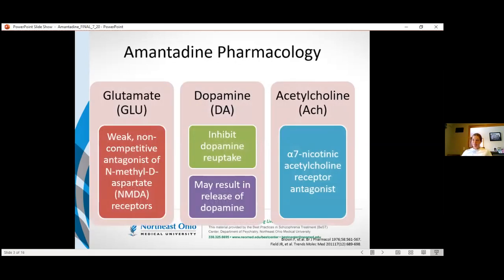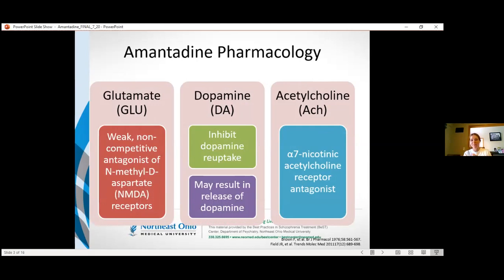So first things first, if we are using amantadine, what is it that it's doing? It has actions on glutamate, dopamine, as well as acetylcholine and norepinephrine. The glutamate actions: it is a weak non-competitive antagonist of our glutamate N-methyl D-aspartate, so the NMDA receptors.